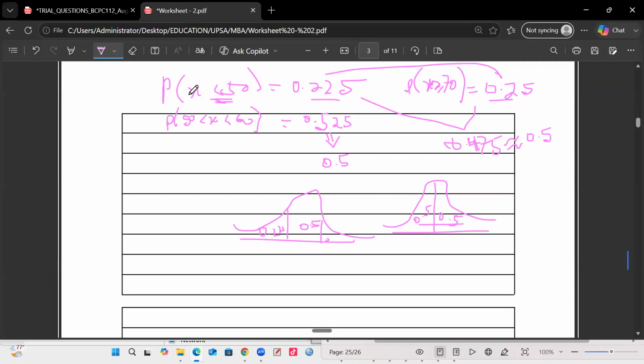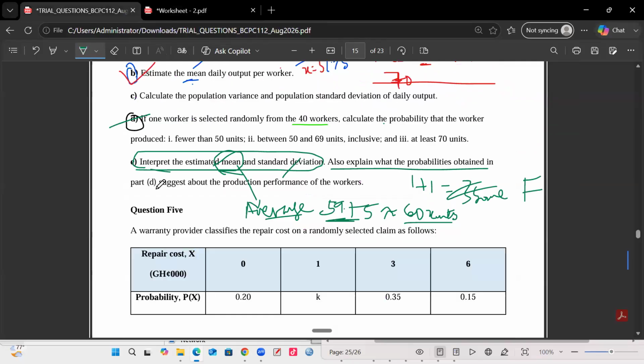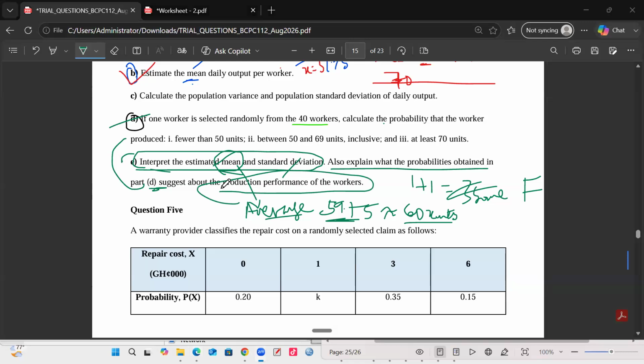The probabilities from D suggest what? An approximate normal distribution of the production performance of the workers. Are we good? Please, can you go over?